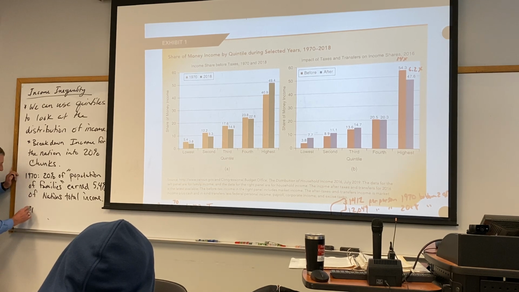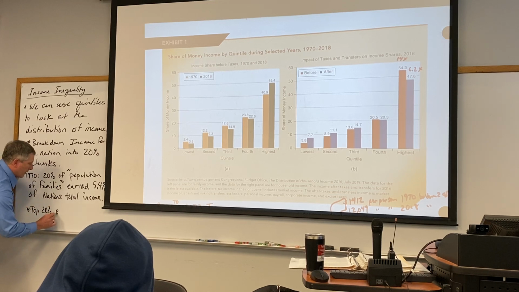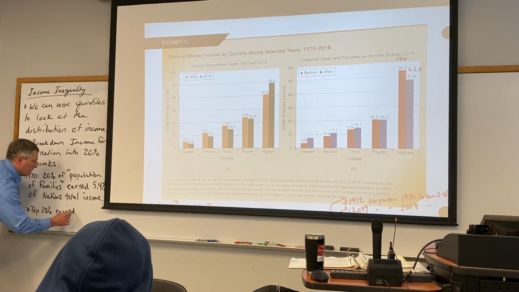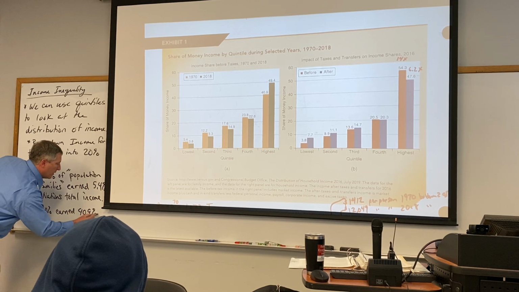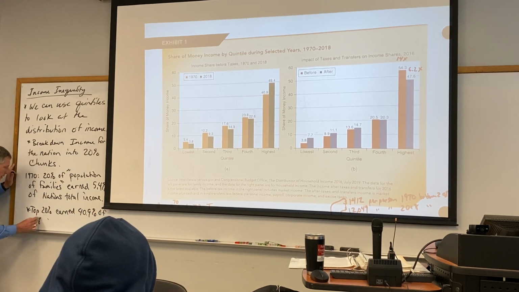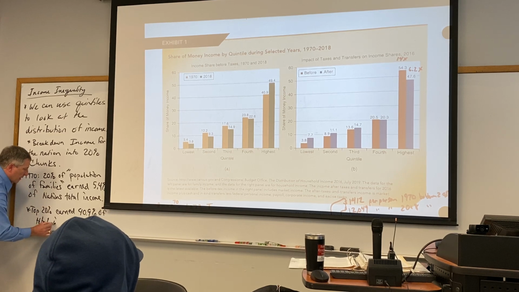And so then the top 20% earn 40.9% of the total income.